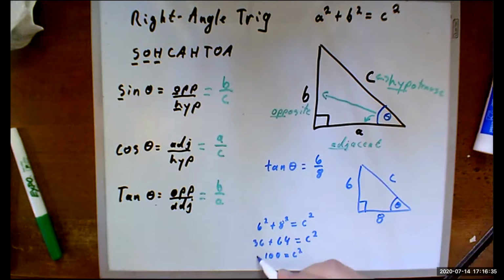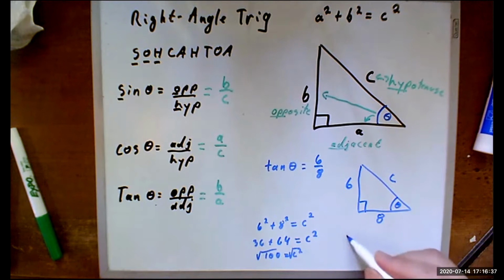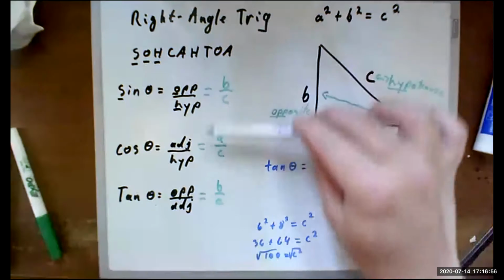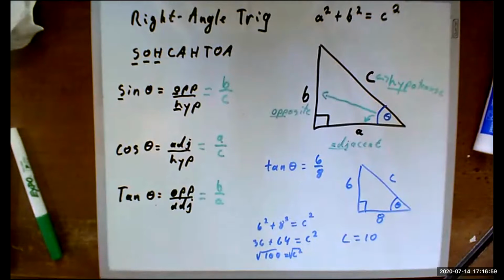We take the square root of both. We find out that c is equal to 10. Now that we know that our hypotenuse is equal to 10, we can fill out the rest of our trig functions as needed.